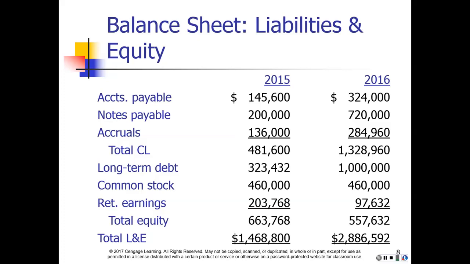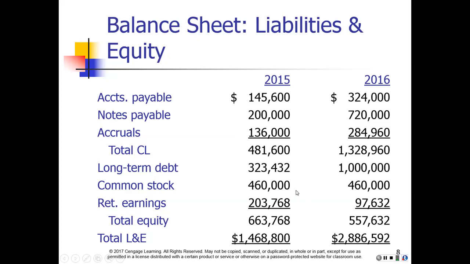You can see that retained earnings dropped from 203,768 to 97,632, about half. So more than half of those retained earnings were used to finance this investment that we know must have occurred in 2016.